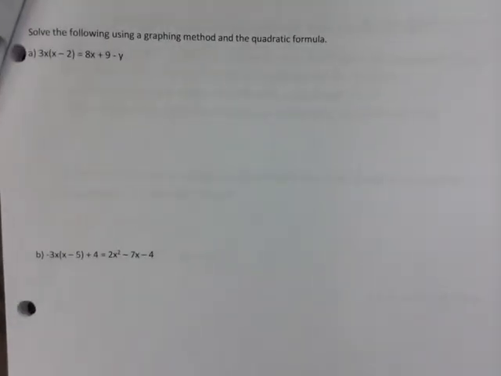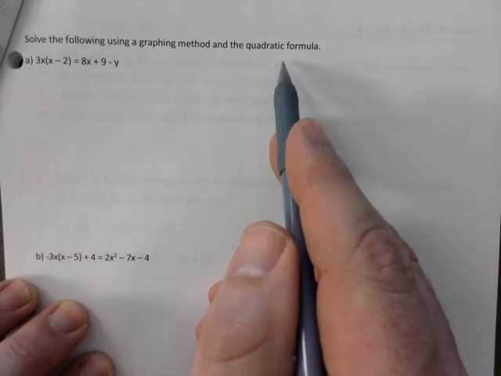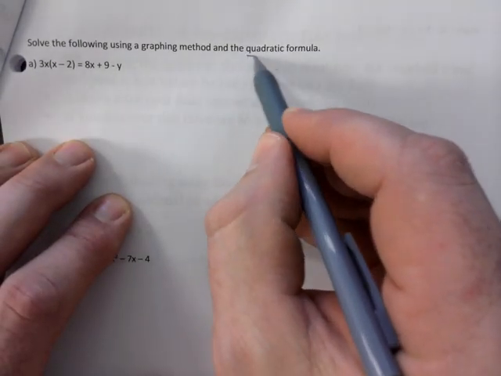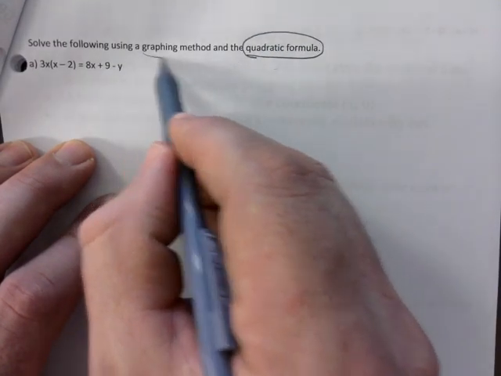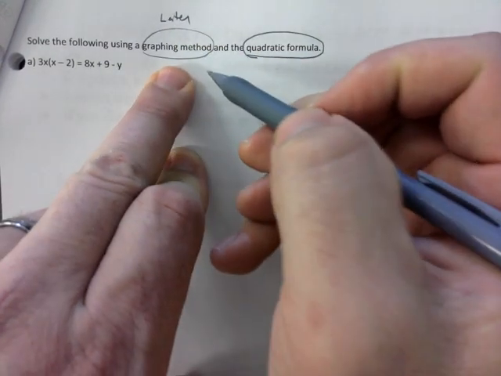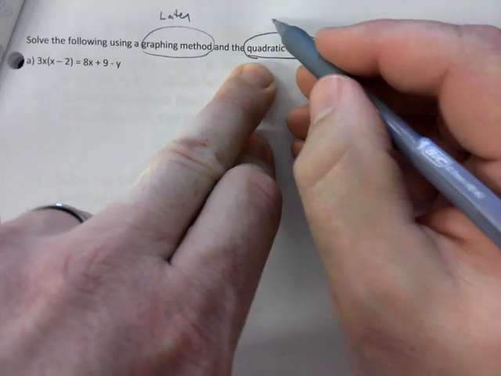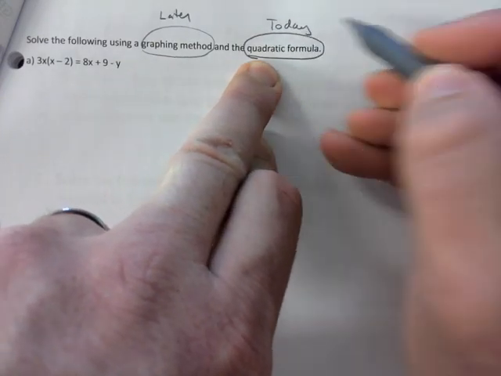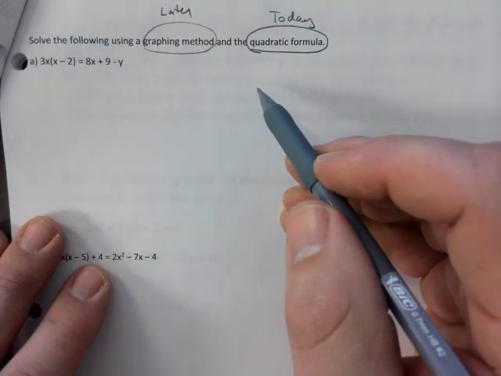On page 24, it says solve the following using a graphing method or the quadratic formula. I just want you to do this one right now. Okay. This will be later, tomorrow. You'll see that you get the exact same answer using either one, but this is today, right? Today you're going to focus on the quadratic formula.